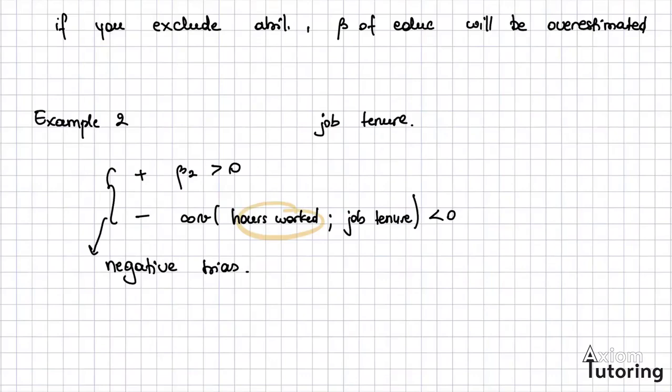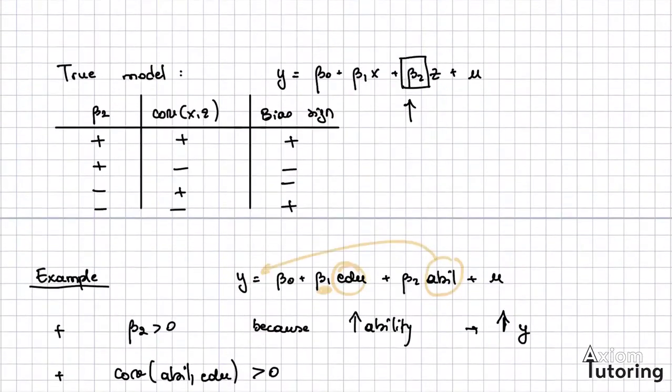So anything that gives us a positive bias basically means that we are overestimating, and anything that gives us negative bias means that we are underestimating things, okay?